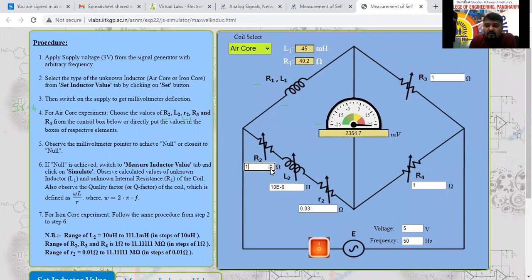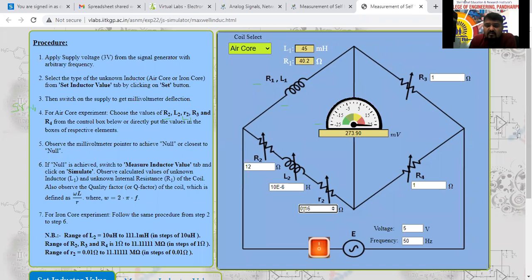Just by increasing R2, it came to 1500 millivolt. Once again I will increase here. It is decreasing now. We have to make that 0 here now. So this R2 also I will increase.